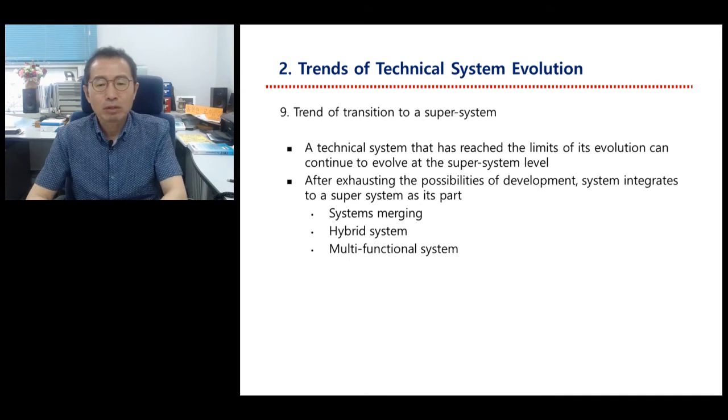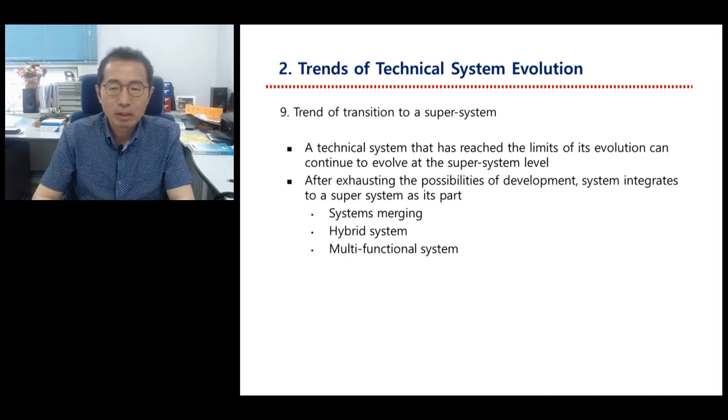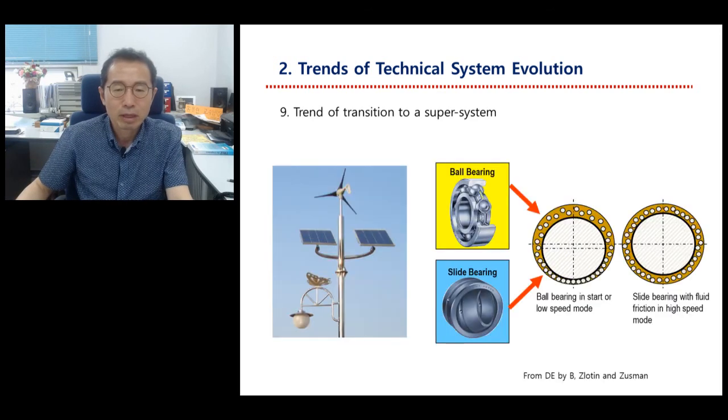After exhausting the possibility of development, the system integrates into a super system by system merging, making a hybrid system, or becoming a multifunctional system. Let's see some examples of this trend in the next slide.